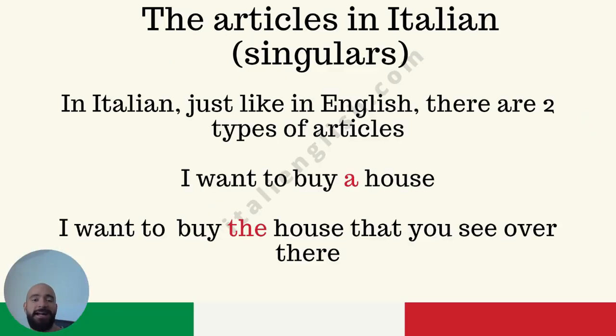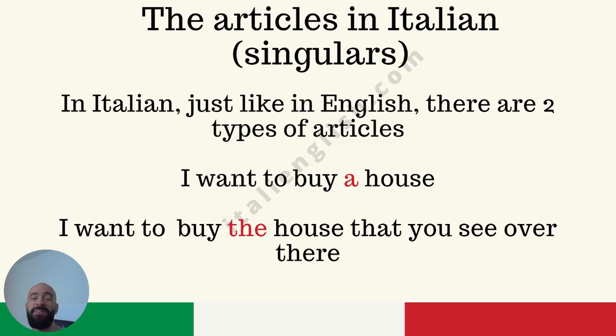So, in Italian, just like in English, and this is very important, remember that there are two types of articles. Let's take a look at these two sentences here. I want to buy a house and I want to buy the house that you see over there. What is the difference? If I say I want to buy a house, I'm generically speaking about a house. Doesn't matter which one, right? It's a generic one.